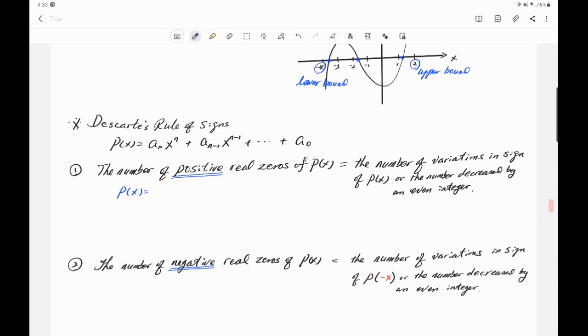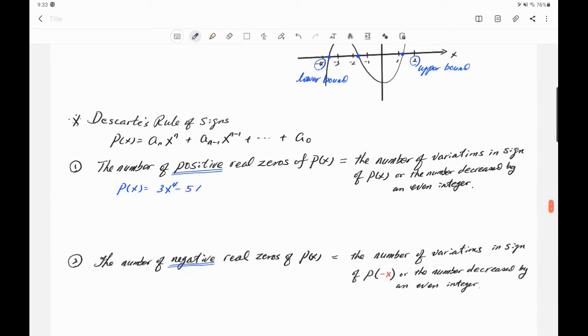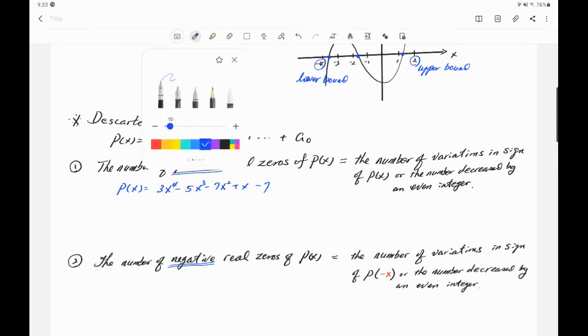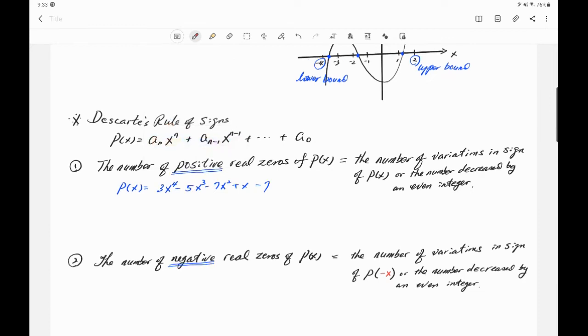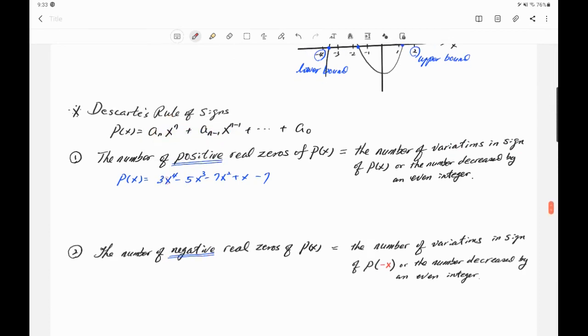Here's an example. Let's say P of x equals 3x to the 4th power minus 5x to the 3rd power, just an example to help you understand this. This polynomial is written in descending order by the degrees, and then we check how many times the sign changes. The first one is positive 3, positive to negative, so there was one variation.